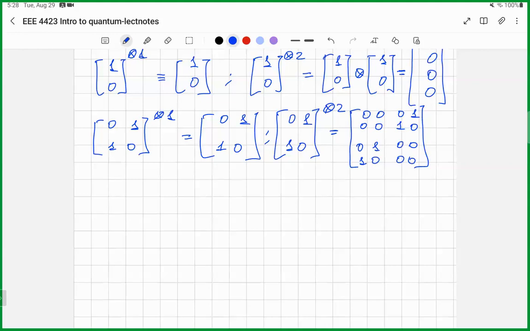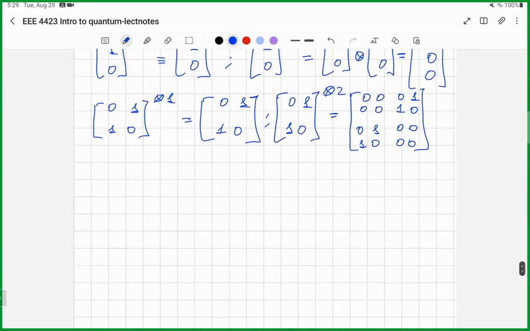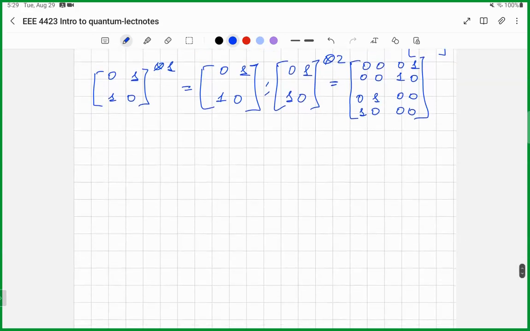So I think we will use this notation throughout the course. So this is about vectors, vector space, and vector products. And I suggest that we describe an example.